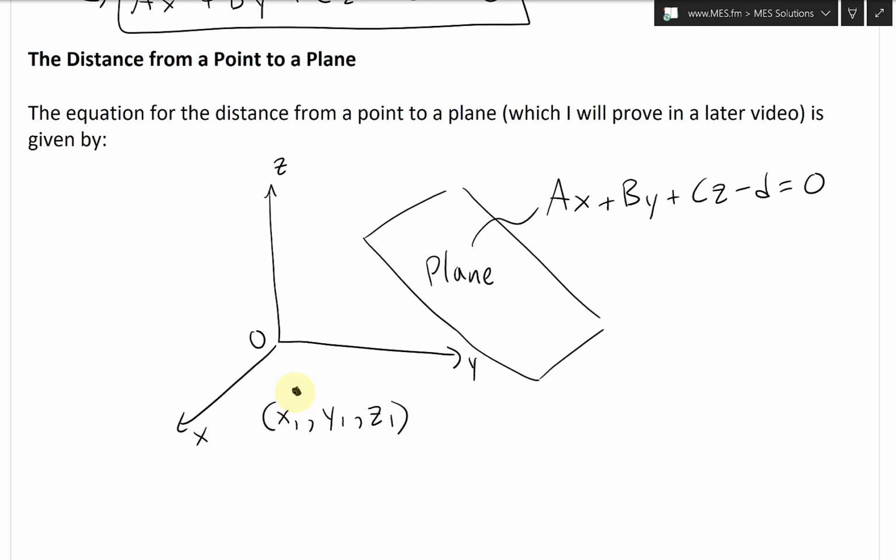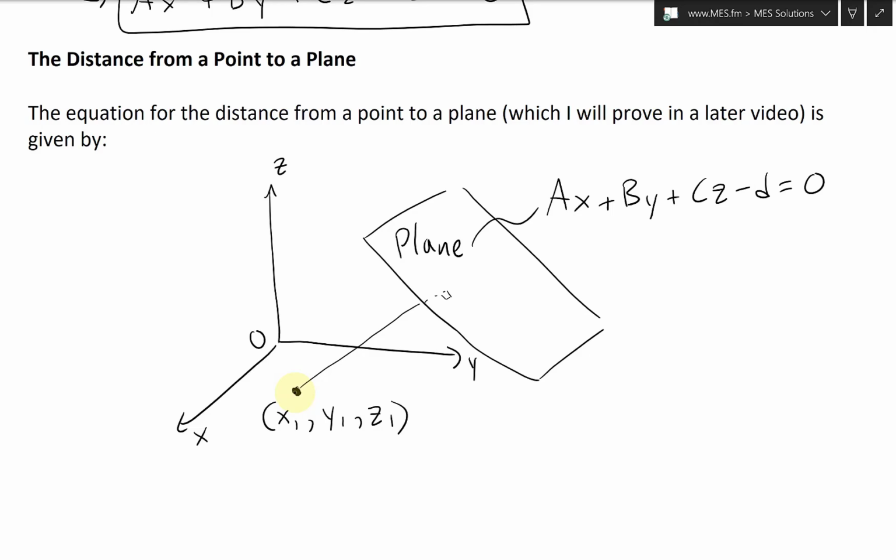All right. So now the distance from here all the way to this part right there is going to be perpendicular to the plane. Let's draw this a bit better. Let's say this goes all the way across here, and it's going to be at a right angle to the plane, because that's the closest distance.